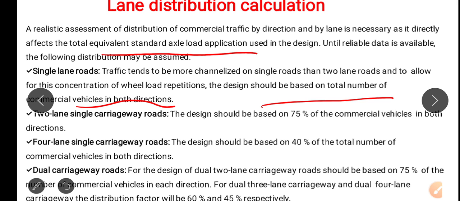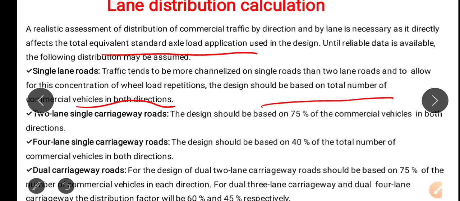That means you have to account for both direction movements, and it should be adopted in the design when you are considering a single lane road. For two-lane single carriageway roads, in a similar way, 75% of the commercial vehicles in both directions has to be considered. For a four-lane single carriageway road, the design should be for 40%. In this way, it keeps on changing as per the guideline. So in the exam, when such questions are asked, you need not remember each and everything.